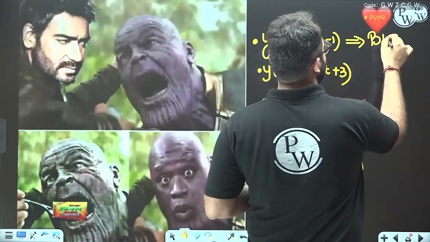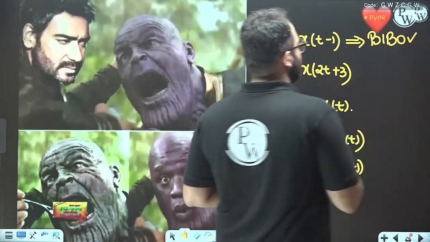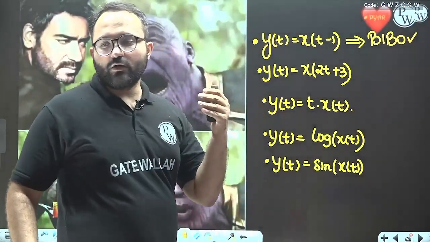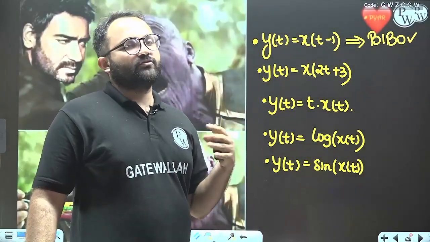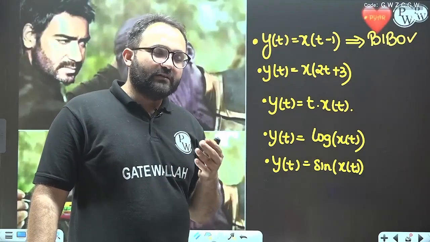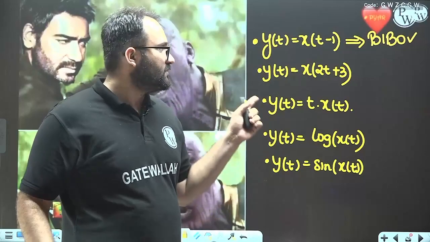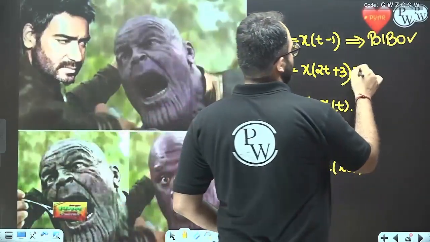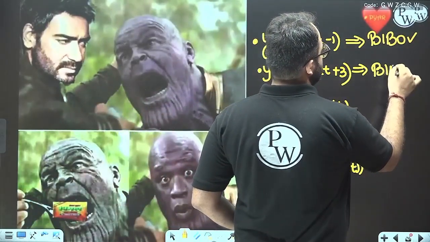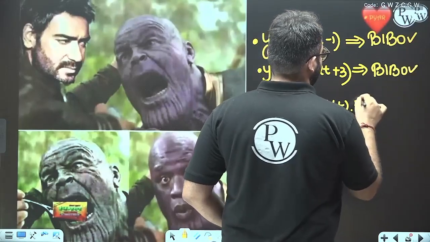So this is a BIBO system, meaning it's a stable system. In the second one also we are only doing scaling and shifting. So if the input is bounded, then the output will also be finite, that is, output will also be BIBO.